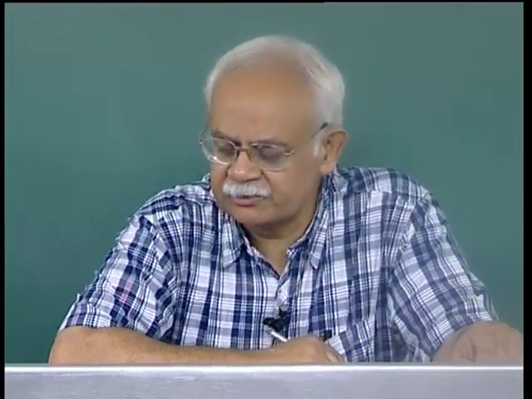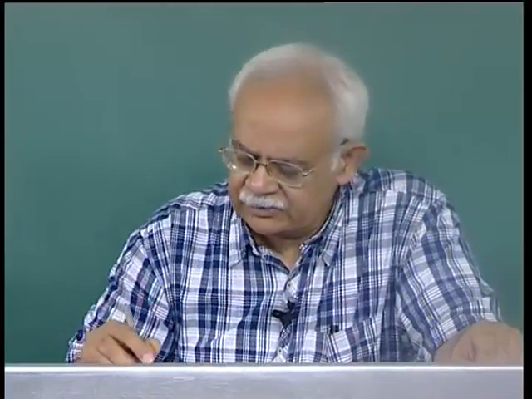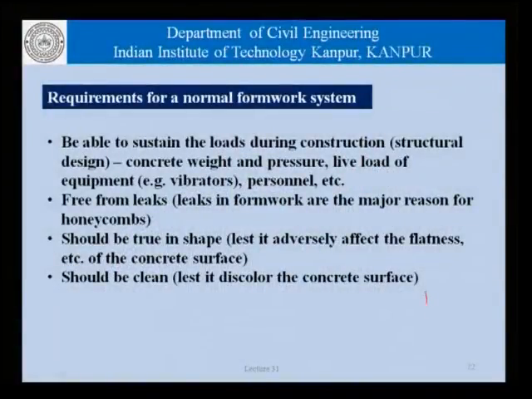Now, this is the general discussion on any kind of formwork. We must also remember that once the concrete is cast against formwork, that is, if we have this as my formwork panel against which some concrete has been cast, and this concrete has reinforcement, then this distance here, the concrete here, is really the cover concrete.